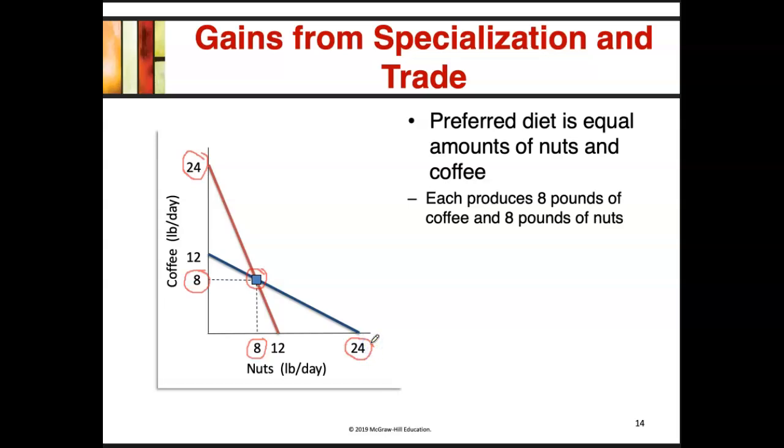So Claire will produce 24 pounds of coffee and Nathan will produce 24 pounds of nuts. Before specialization, they both produced 8 pounds of coffee and 8 pounds of nuts.